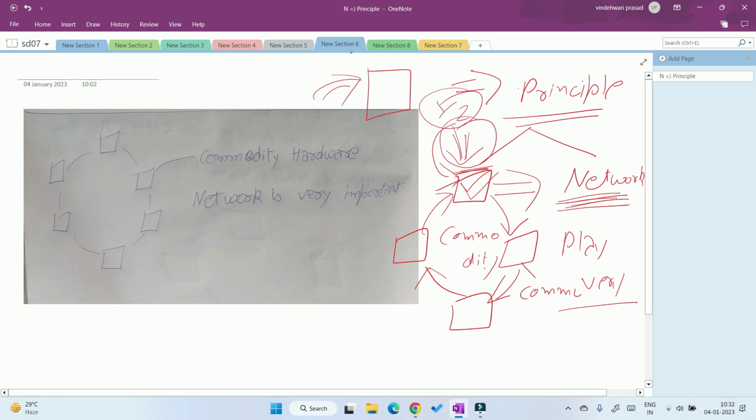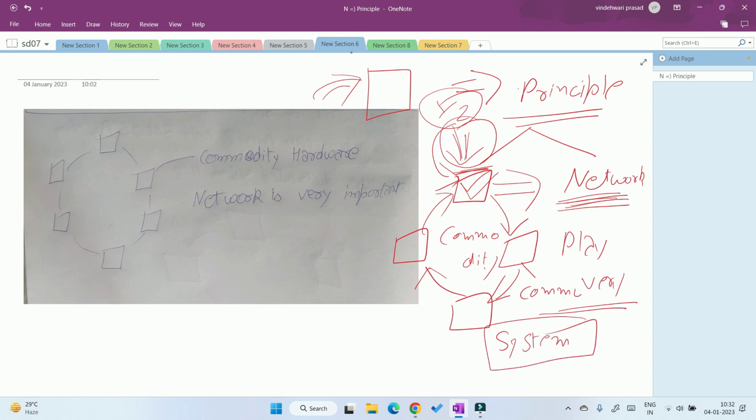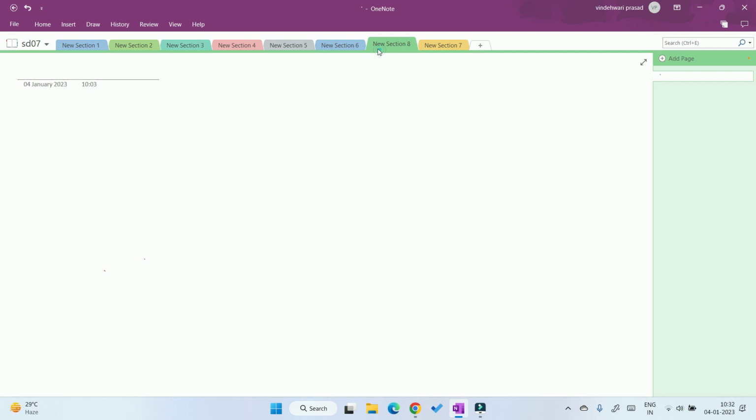But with this system there are some very big disadvantages. First one is that if we are using a distributed system of commodity hardware, the probability of failure of this hardware is very high.